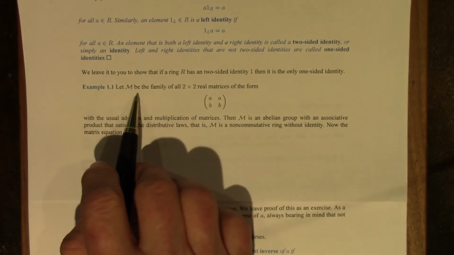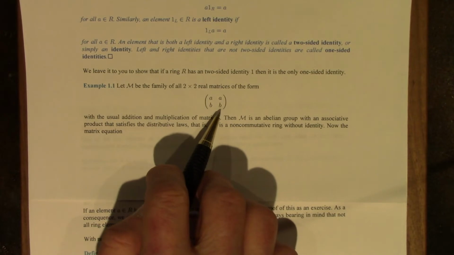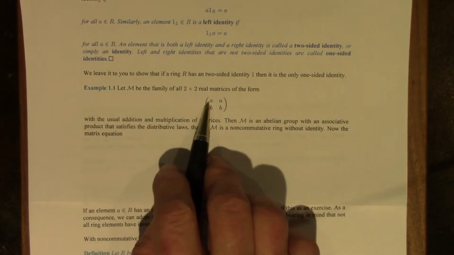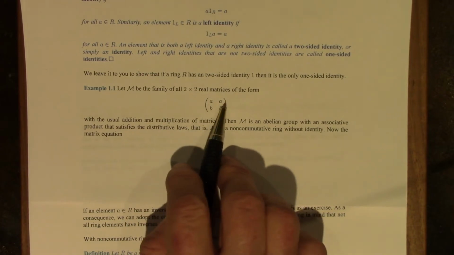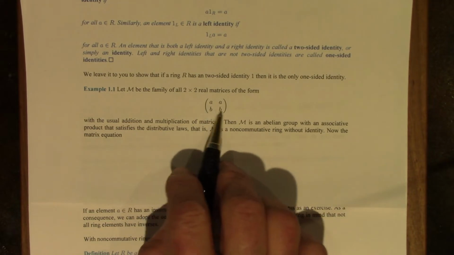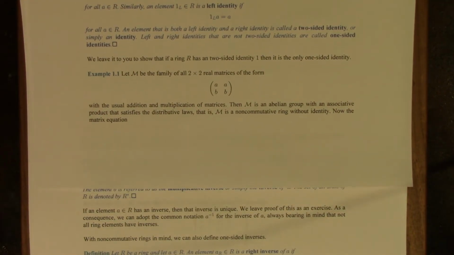Example: let M be the family of all 2 by 2 real matrices of the form [a a; b b]. So in the first row, the entries are the same in both columns. Also in the second row, the entries are the same in both columns. And we use the usual addition and multiplication of matrices.